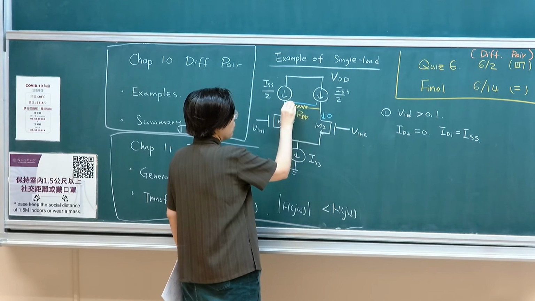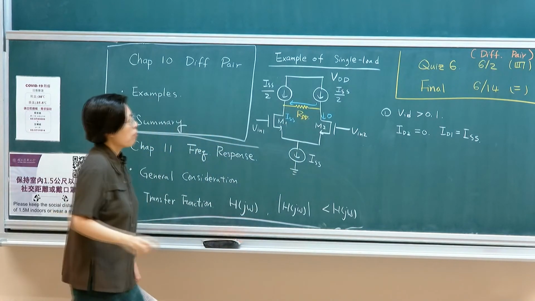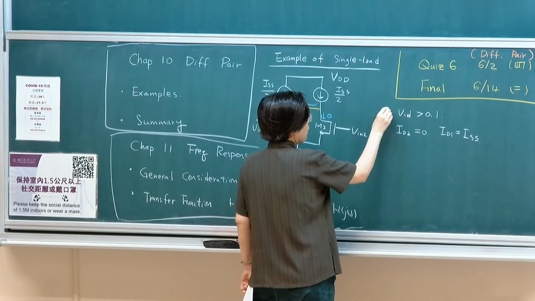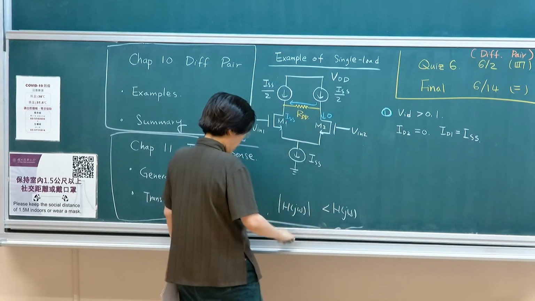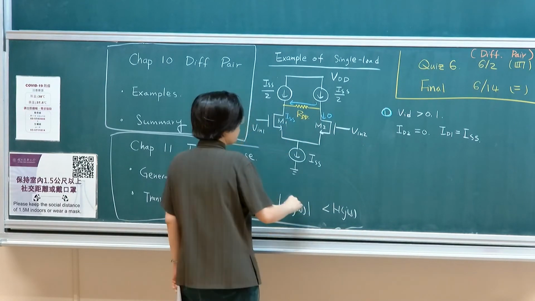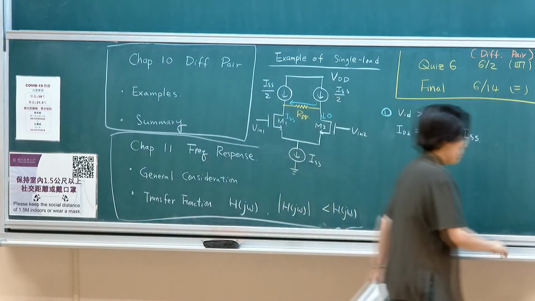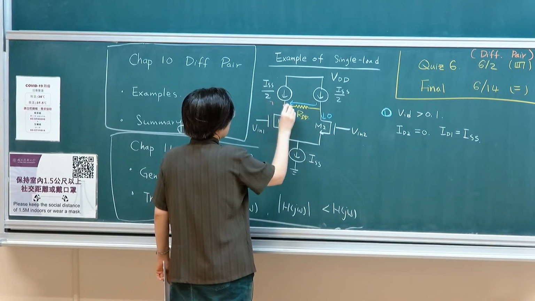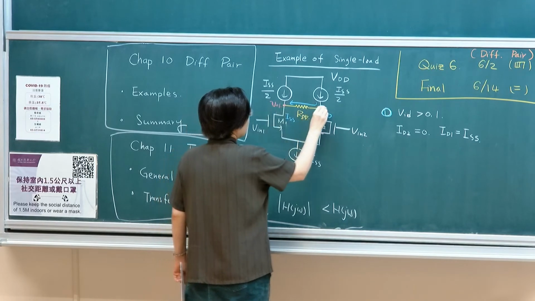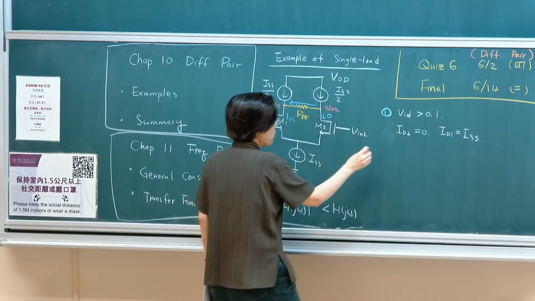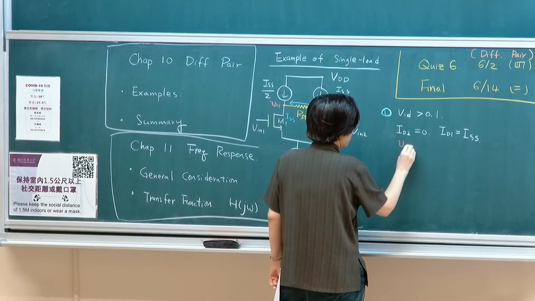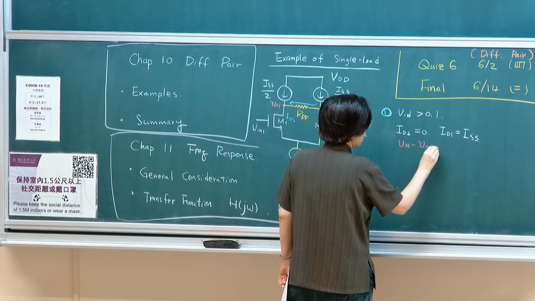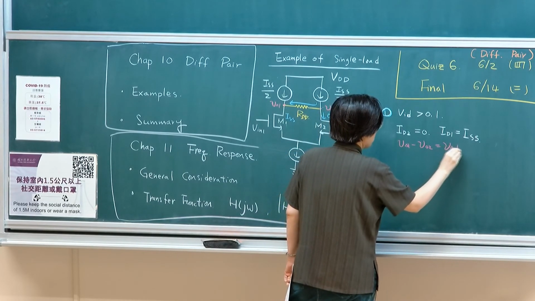The current is flowing from here to here. This is condition 1. In this case, if I'm defining my Vout, VO1 and VO2, as VO1 minus VO2, this will be my differential output.